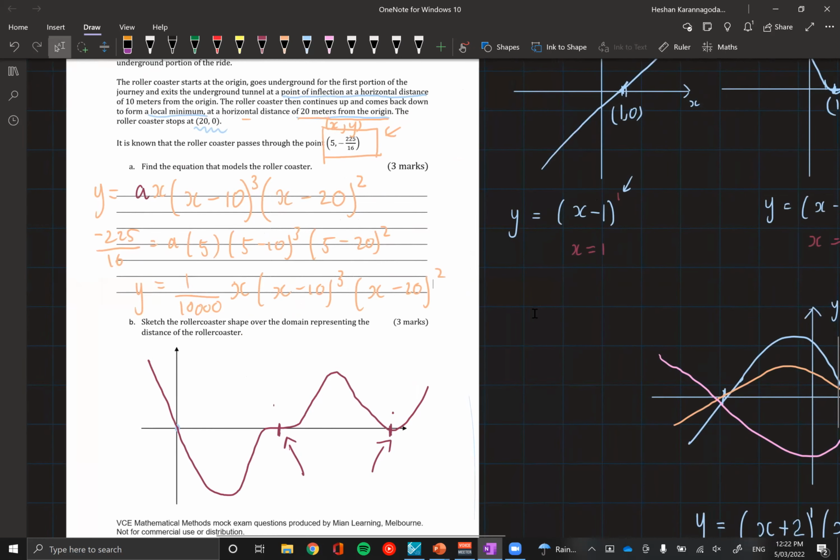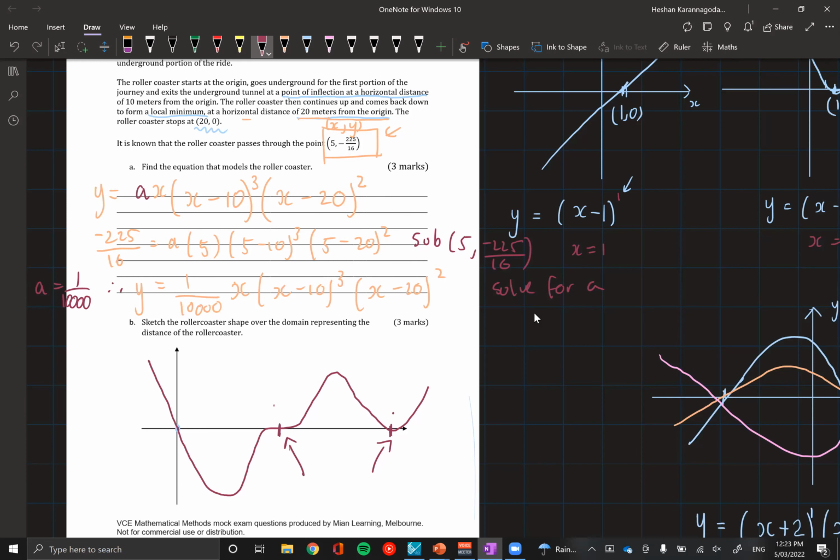One more thing you could have done is write here the steps that you wrote in your calculator. It's really good practice. So you can just write substitute in anchor point. So you go sub 5 comma negative 225 on 16, and then solve for a. And then you get a is equal to 1 over 10,000. And then therefore y is equal to, and then you can just write your final equation.